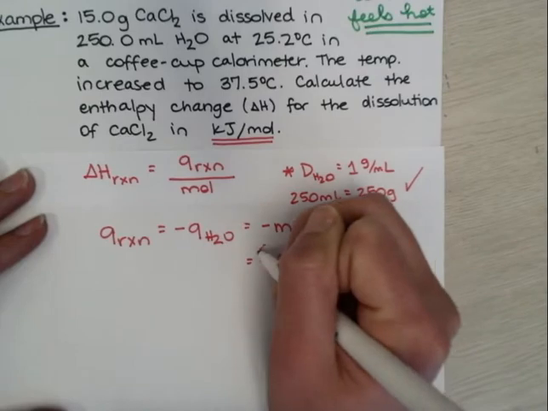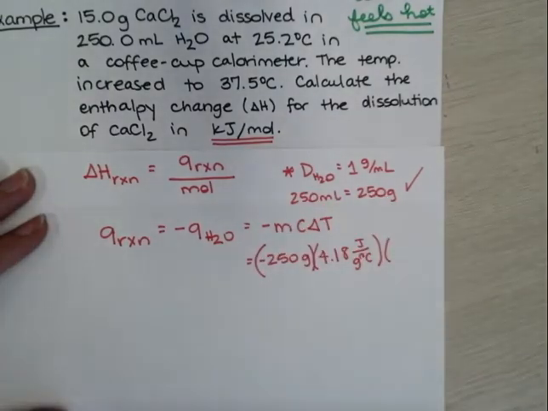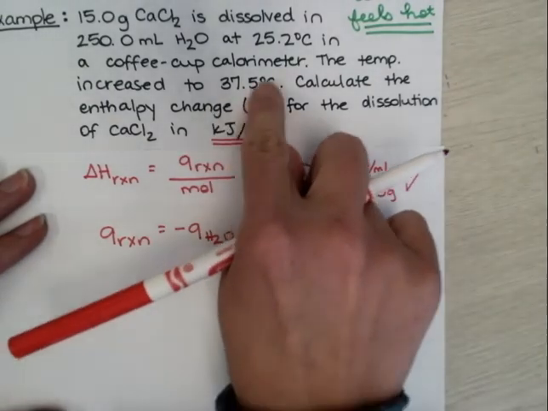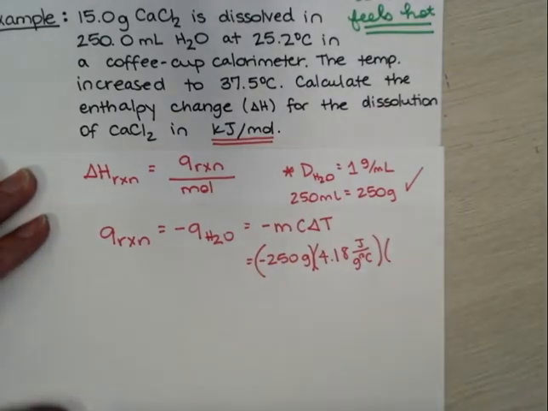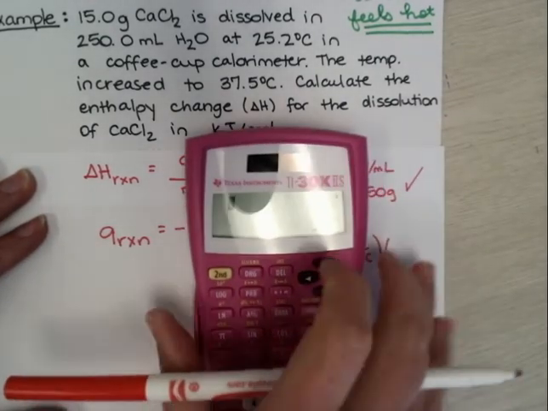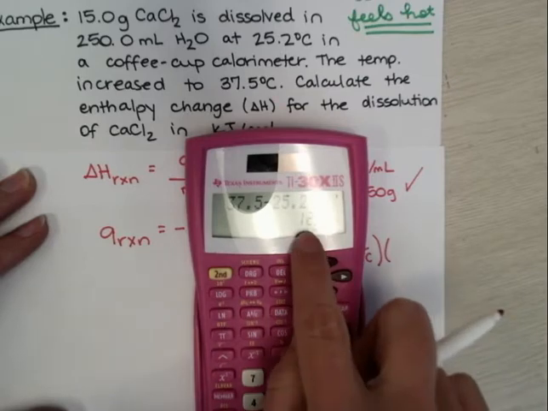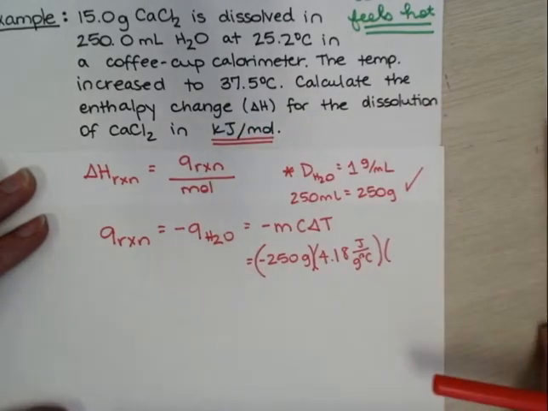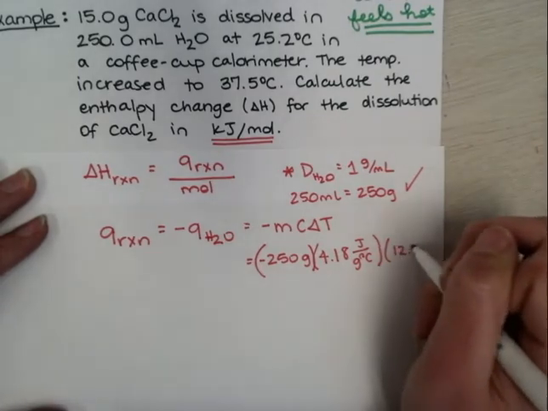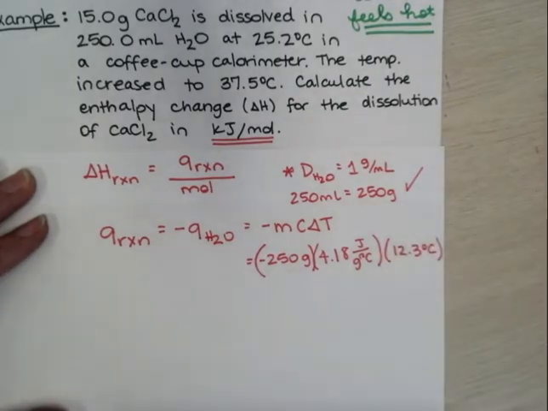That in parentheses as well. Times the change in temperature. So our change in temperature here is going to be that 37.5 minus that 25.2. So final minus initial. The temperature increased. So we're going to have a positive 12.3 degrees Celsius.